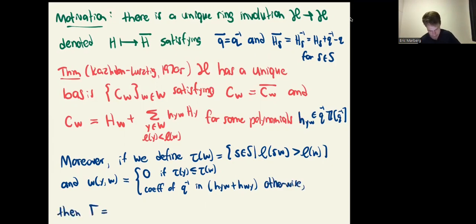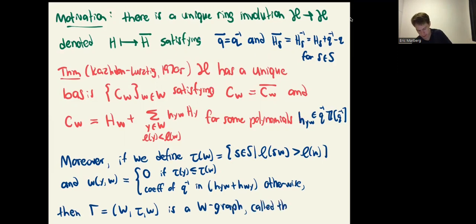Then this triple gamma, tau, omega is a W-graph, which we'll call the left Kazhdan-Lusztig W-graph.